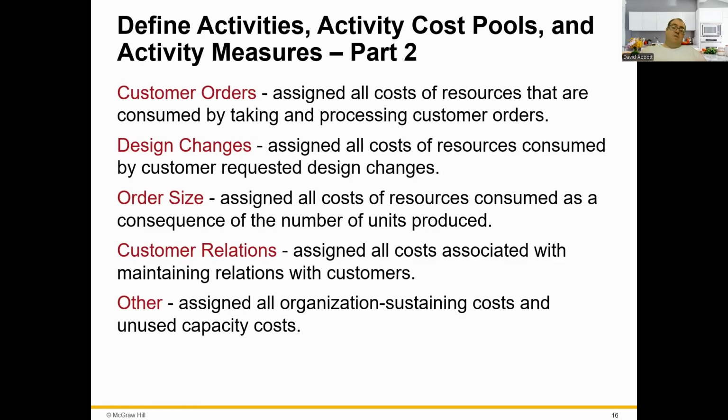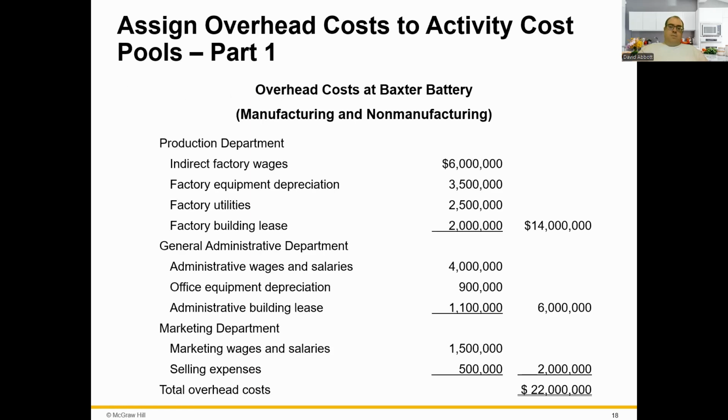So the next step is to assign costs to activity cost pools. This is also called first stage allocation. Baxter's overhead costs, both manufacturing and non-manufacturing, that it intends to assign to its activity pools are shown here.